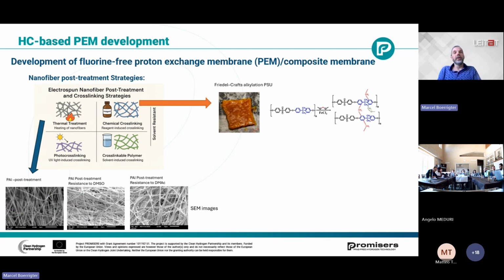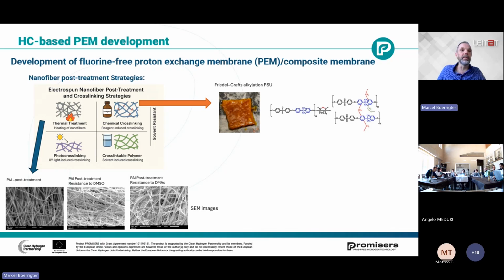As we are using polymers quite similar to those of the membranes, if you use organic solvents, these polymers also dissolve in the organic solvent. That's why we are looking at different post-treatment strategies to have a reinforcement polymer that is not dissolving in the commonly used organic solvents. We are using thermal treatment, chemical cross-linking, and also looking at photo cross-linking and cross-linkable polymers.